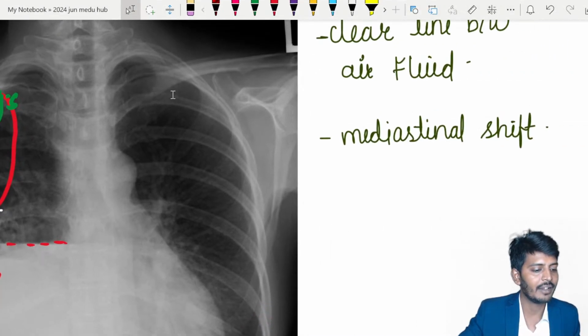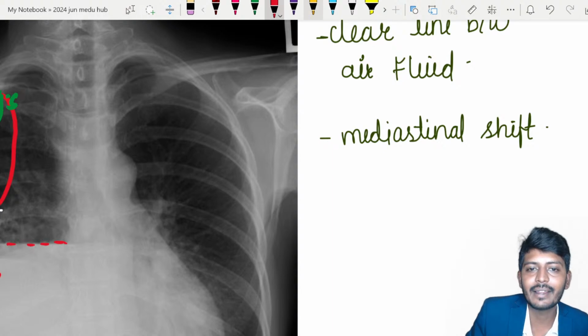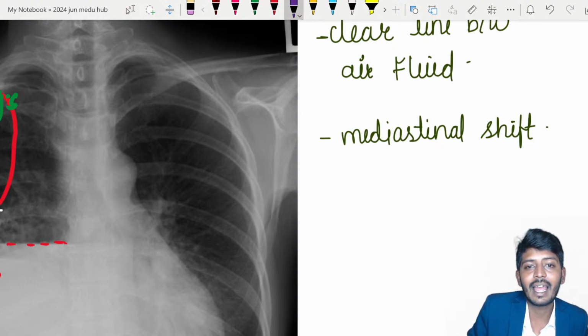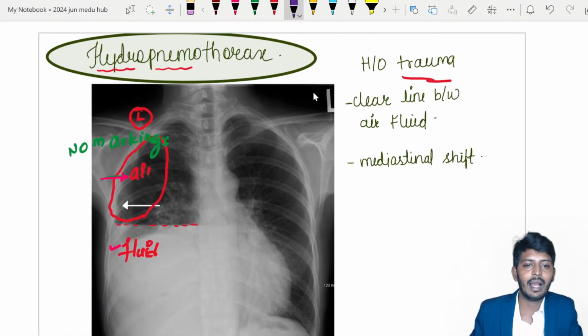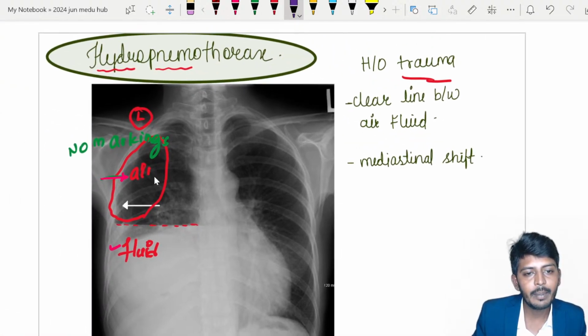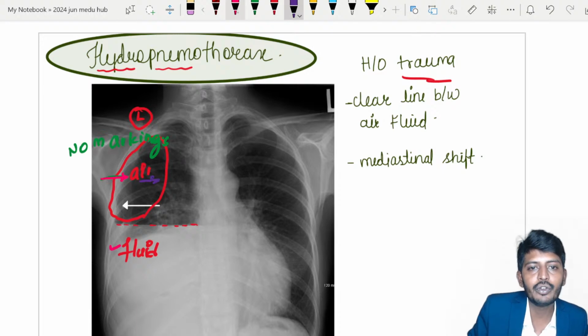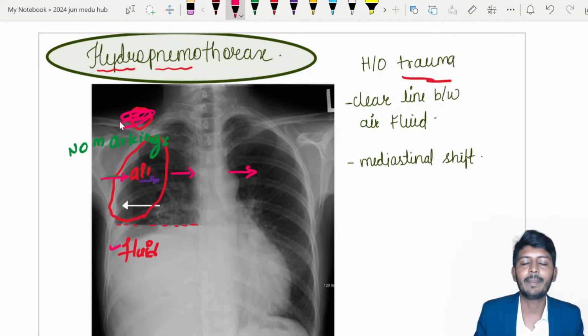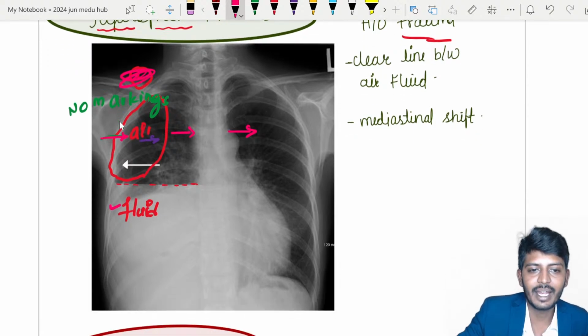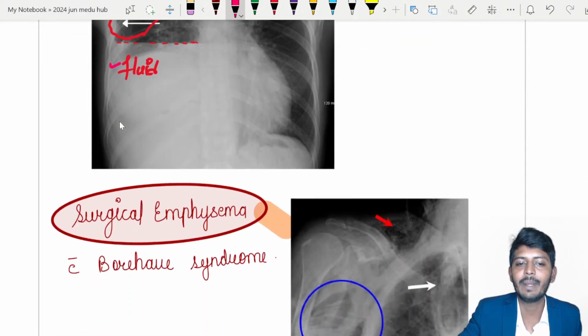We will call it hydropneumothorax. Hydropneumothorax will occur. It will compress the lung. It will push the whole mediastinum to the opposite, healthy side. So very importantly, mediastinal shift will be present.